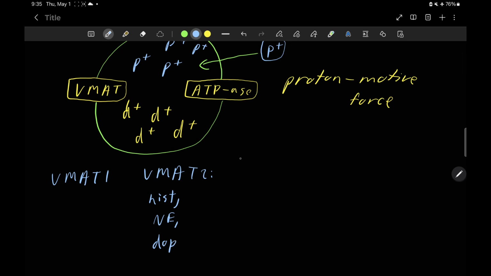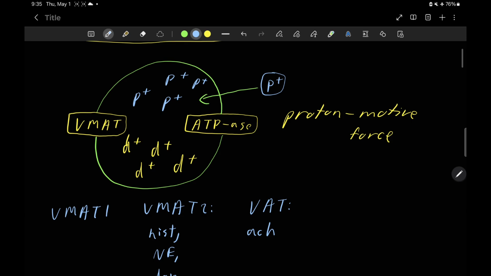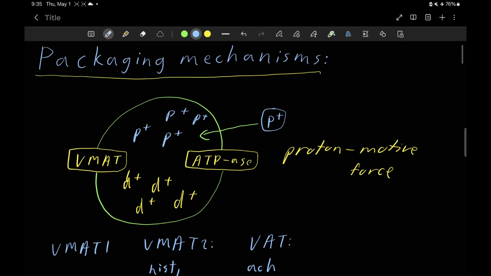And you can also have something called VAT, which helps to transport and package acetylcholine. So as you can see, there's lots of different types of antiport enzymes, but they all work in essentially the same way, using this proton-motive force that your ATPase has created. Using that force as a driving force, they exchange these protons for your messenger molecules, whatever they may be, and they're able to package them inside the granule or the vesicle.